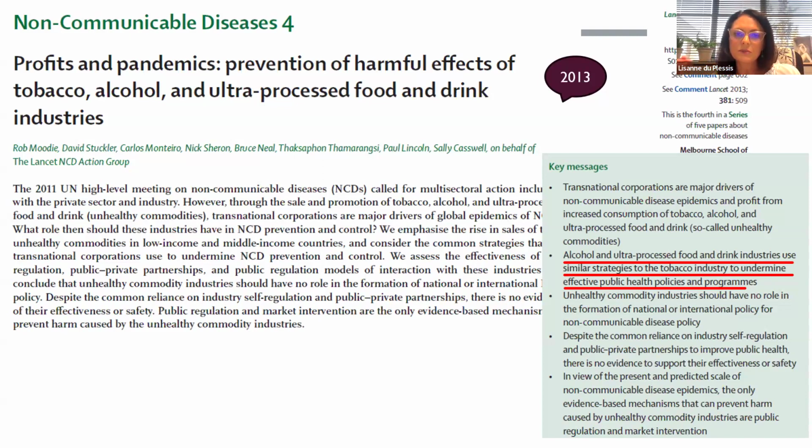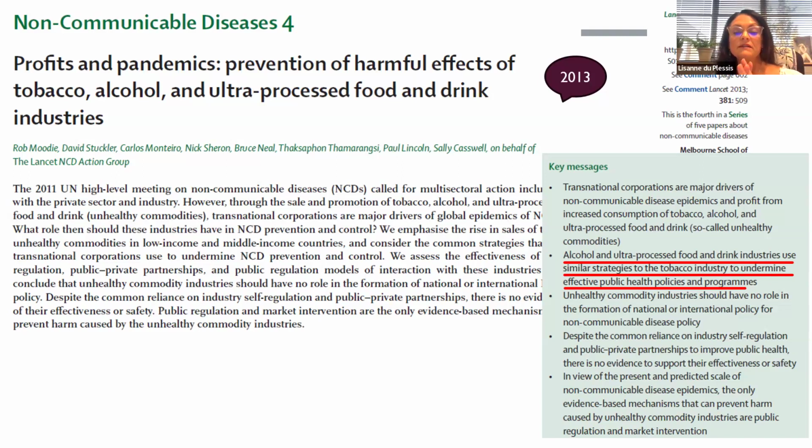And I remind you that part of the title of this talk is about trade and policy and global health. So these unhealthy commodity industries, say the authors, should have no role in the formation of national or international policy, specifically when we talk about NCDs.